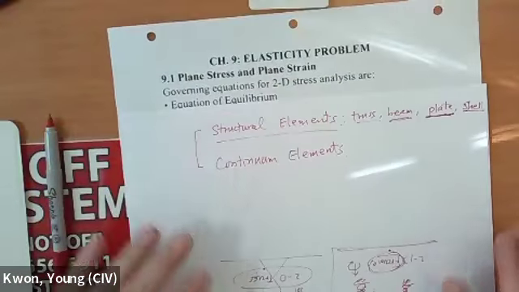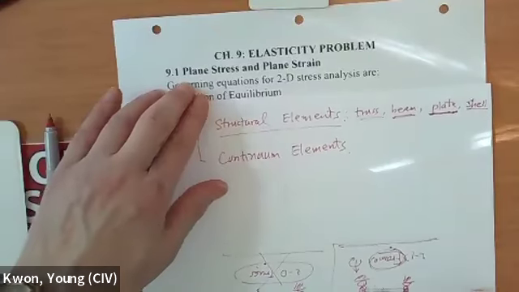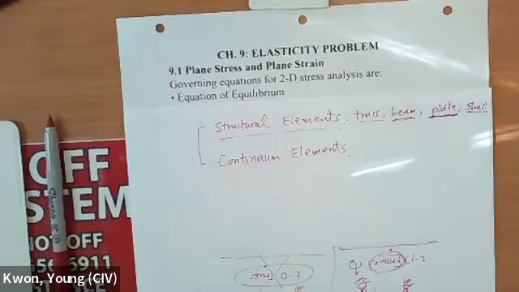Mostly, if you look at the actual structural geometry, they have curvature. If you look at the body of your car, it's not flat. You have some curvature. Ship, aircraft, virtually everything has the nature of a curved shape. So shell is going to be the most general kind of structural element.